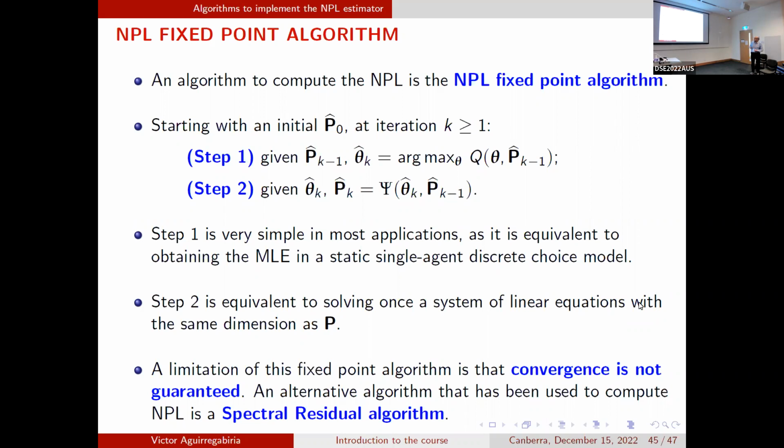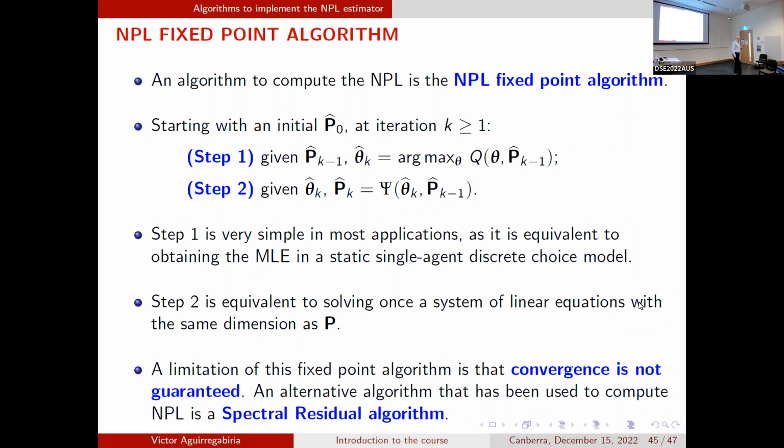Then we start with some initial P0 that contains the choice probabilities of every player for every action and every possible state. And then, the same as we did with the single agent, we construct this Z tilde. I'm assuming that we have this linear-in-parameters utility function. We construct these Z tildes and E tildes using the evaluation operator. This becomes data. We have a standard McFadden likelihood function. We maximize with respect to theta. That is a globally concave likelihood function.